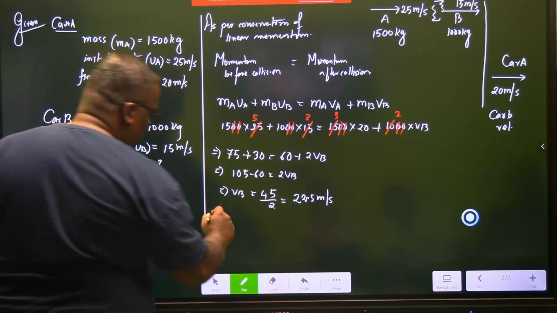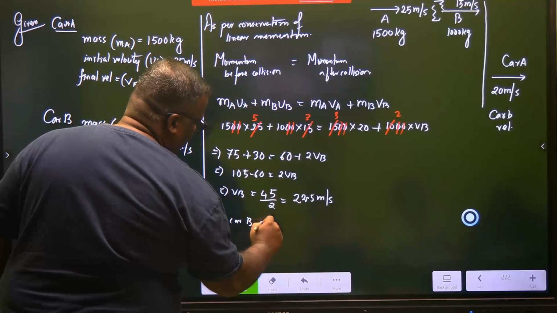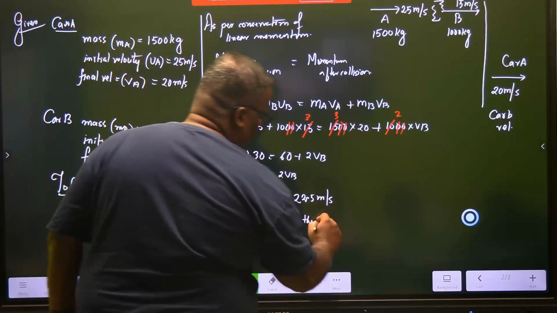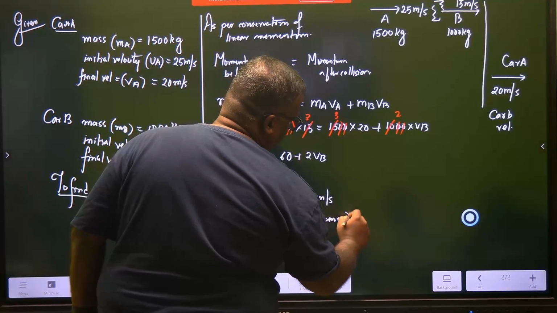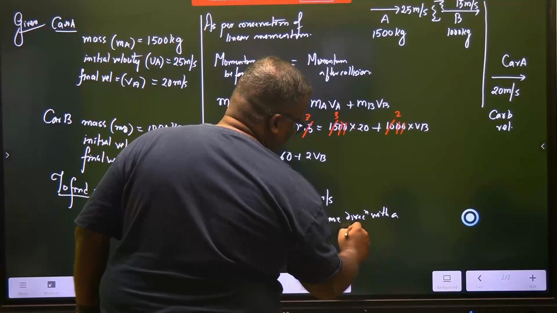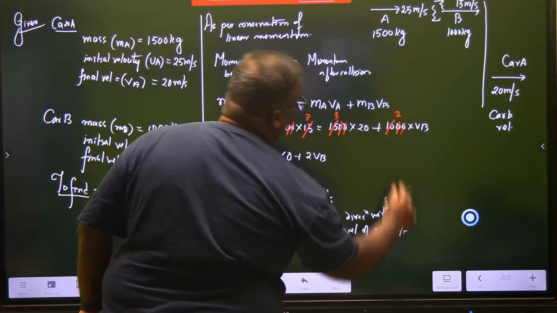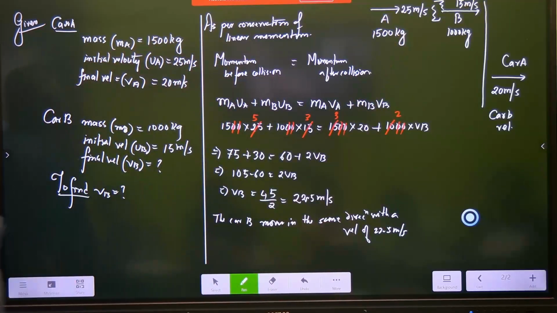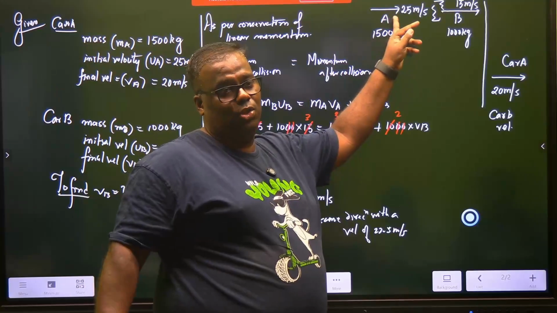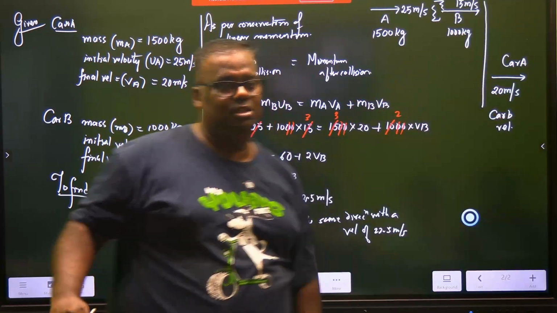So we will write here: car B moves in the same direction with a velocity of 22.5 meters per second. Now look, it was 15. Now its velocity has picked up; the striker slowed down, so the coin picked up the velocity.